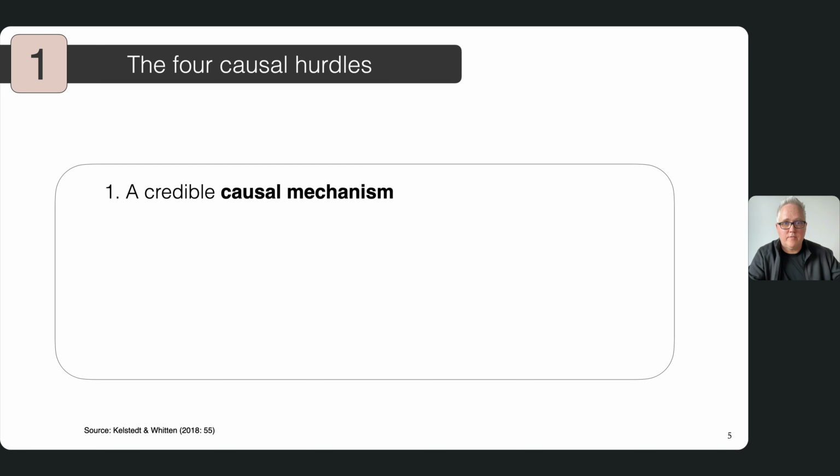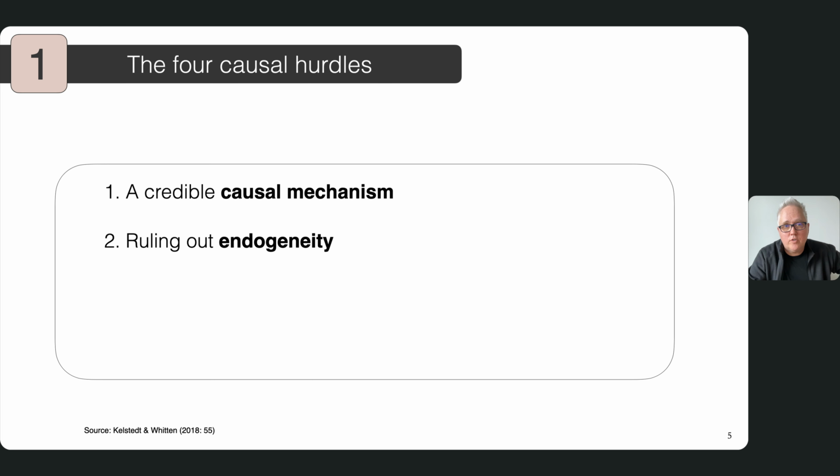If it doesn't make sense, if your argument depends on aliens landing on Earth and manipulating society, that's not really a credible causal mechanism. We need to be able to make an argument about why our explanatory factor has an effect on the outcome and what actors or structures are behind those connections. What story can we tell that we can link to the previous research that shows that it's plausible and it could be an important causal mechanism.